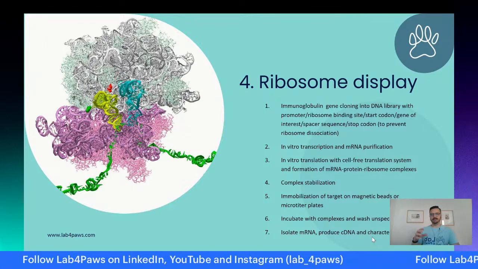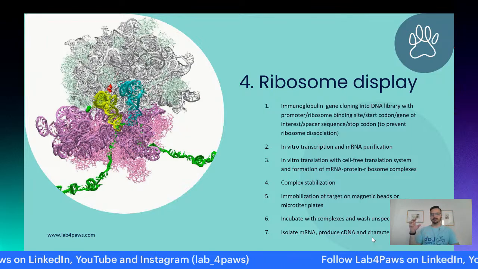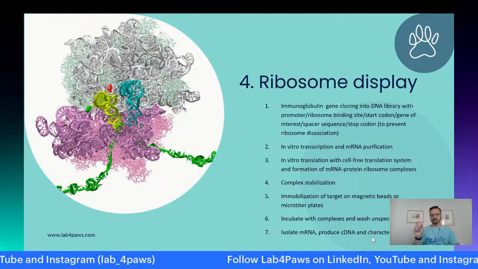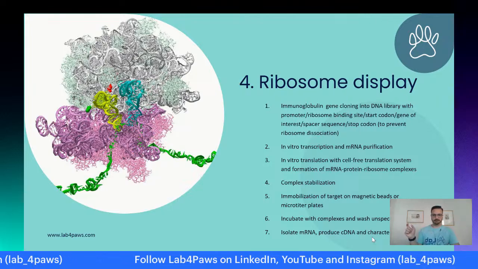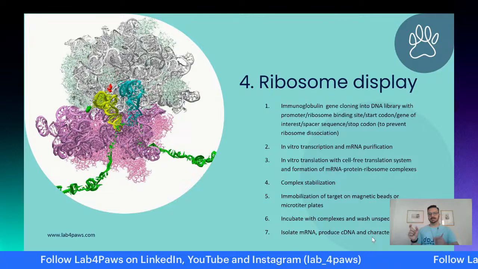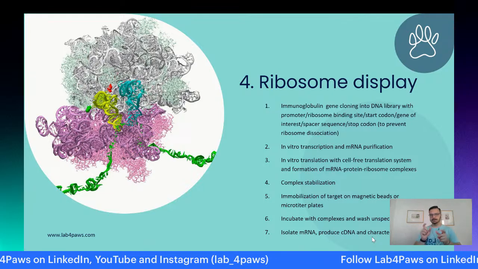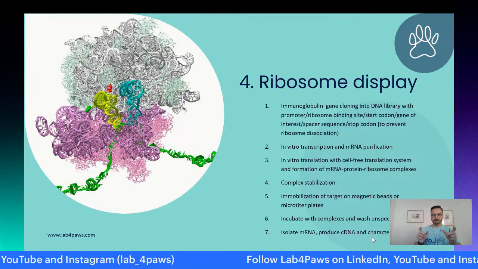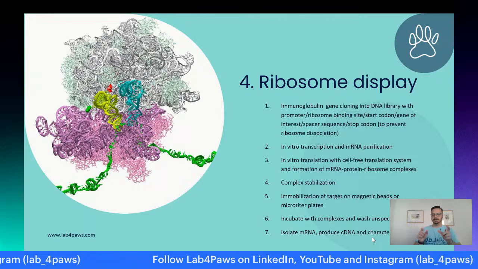And this way, because of this spacer sequence, the mRNA cannot detach from the ribosome, and the same for the antibody. So it doesn't come to the stop codon, so the antibody is still attached to the ribosome.